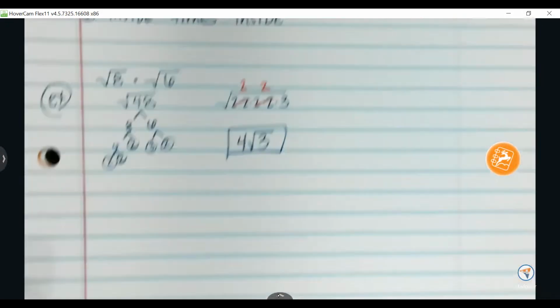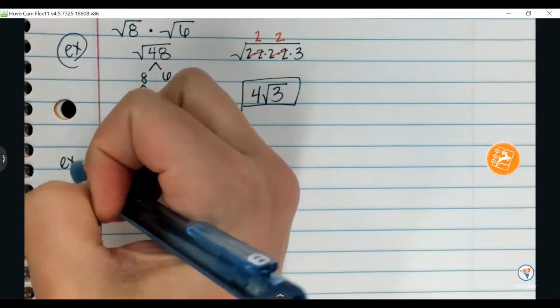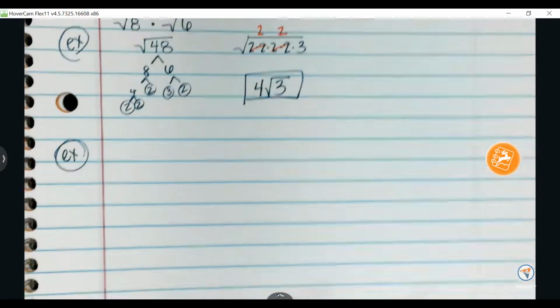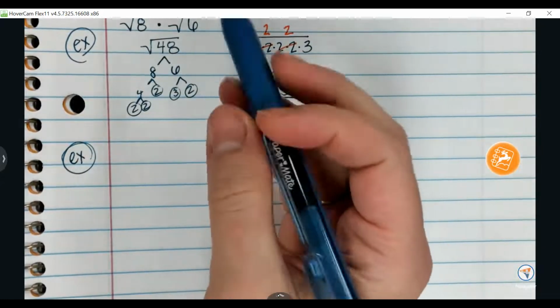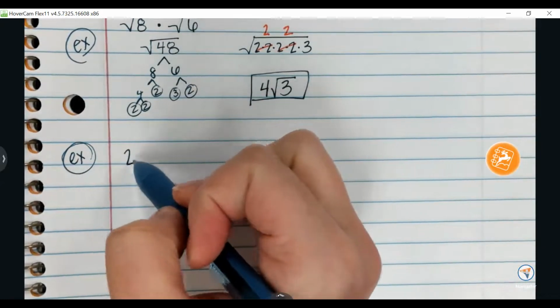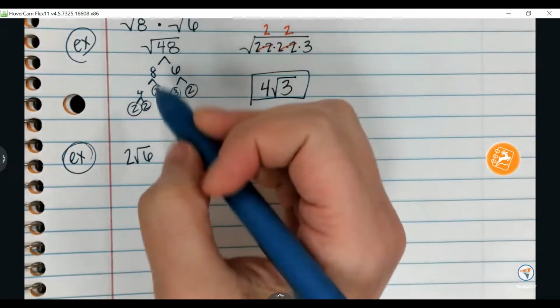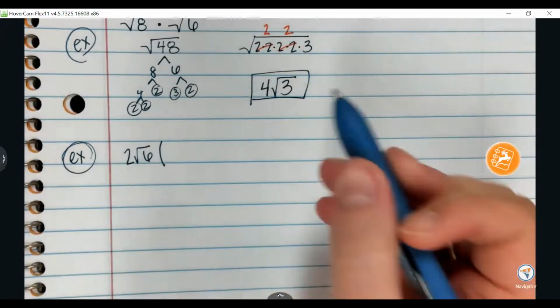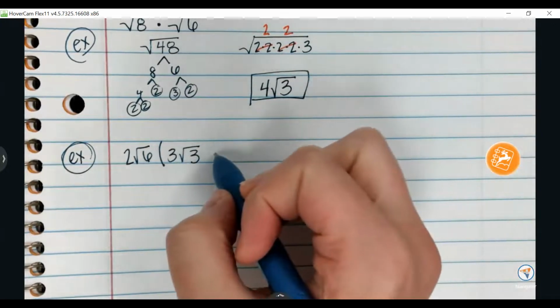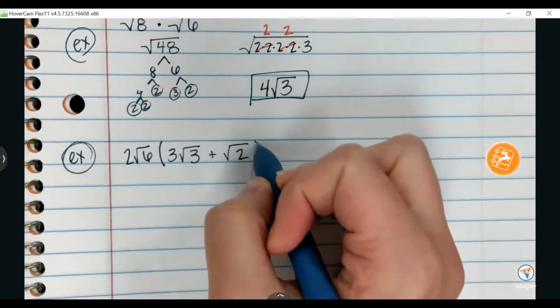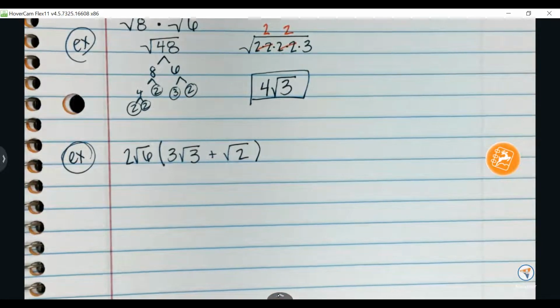All right, let's go to example number 2. Example number 2 is going to say 2 square roots of 6, parentheses, 3 square roots of 3 plus square root of 2.